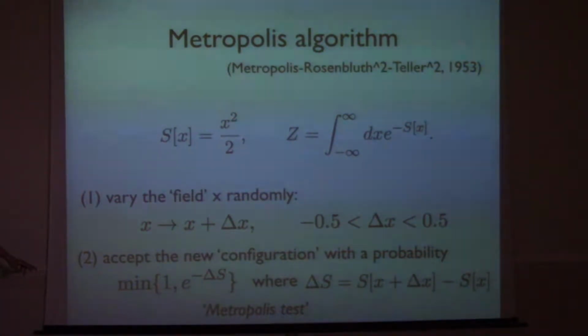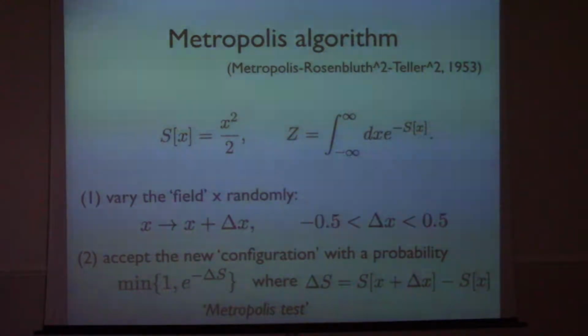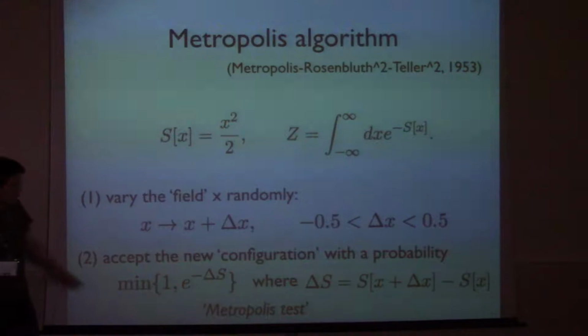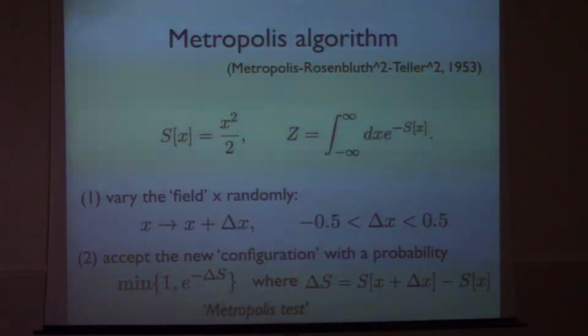So you always accept this change when the action decreases. But when the action increases, you accept only with this probability. You don't always accept it. So if the action doesn't change much, you accept it with a high probability. And if the action did increase a lot, you don't accept it. This is the Metropolis algorithm.